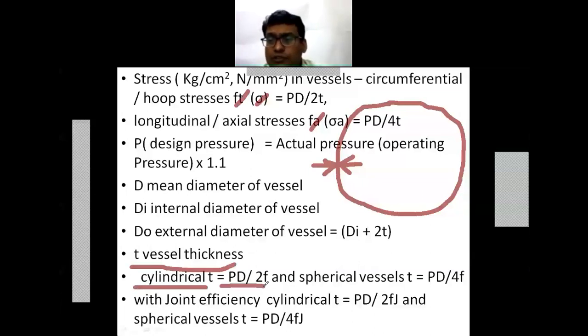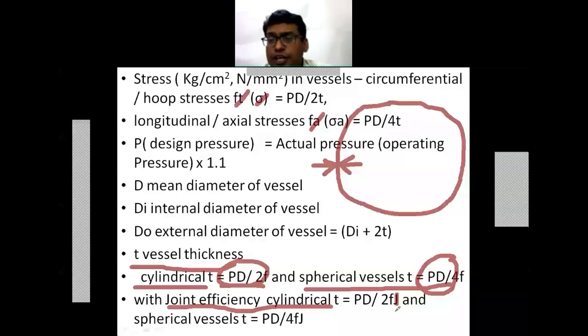And for spherical vessels, it is PD upon 4t. Now PD upon 4t is nothing but your longitudinal stress, and PD upon 2t is nothing but your circumferential stress.